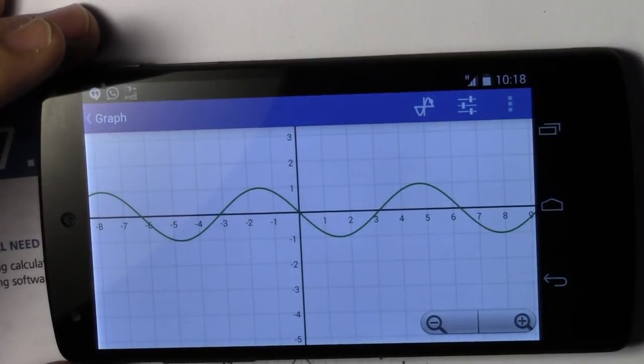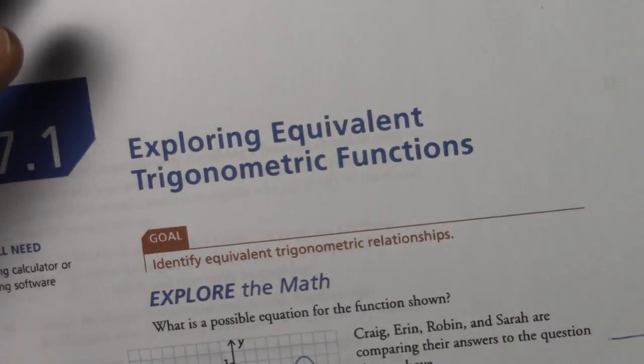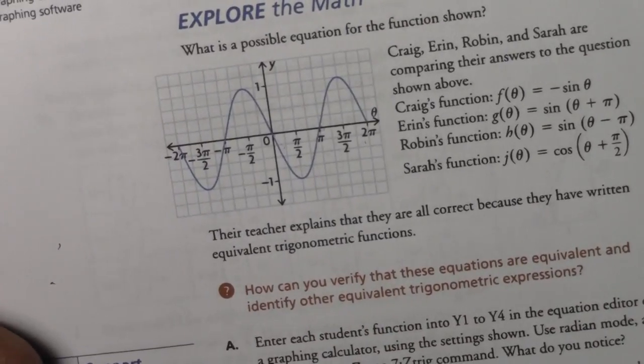They all just lay on top of each other. So it's kind of difficult to see. But basically, based on those translations, we're going to have equivalent graphs.